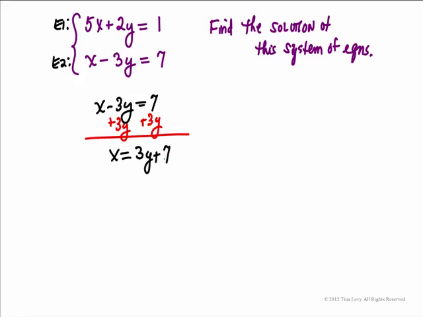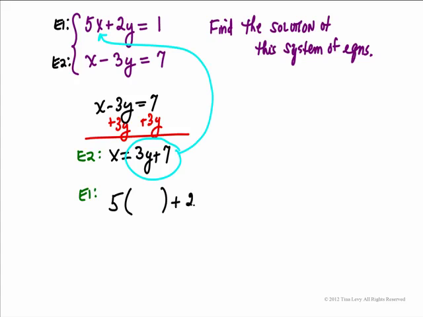To solve this system, I'm going to take that expression for x and put it in for x in the first equation. That's how I intersect the two lines. So I'm taking equation 2, which has been rewritten now as x equal, and I'm putting the expression for x in equation 1. So equation 1, I have 5 times x plus 2y is 1.